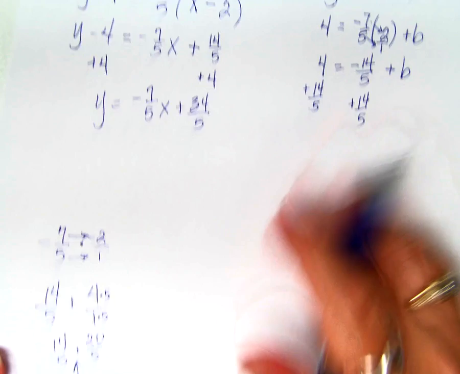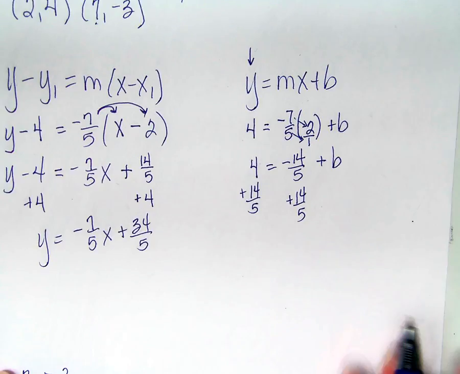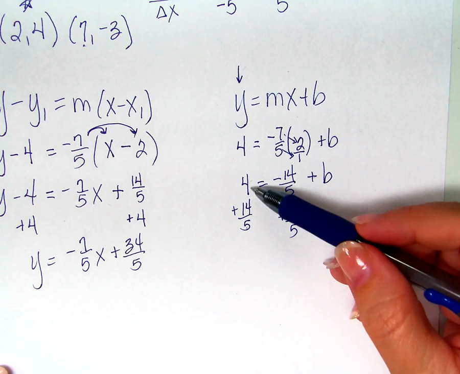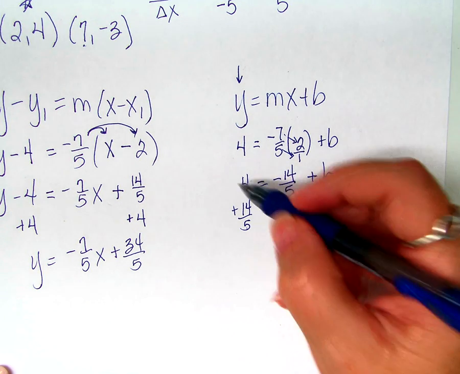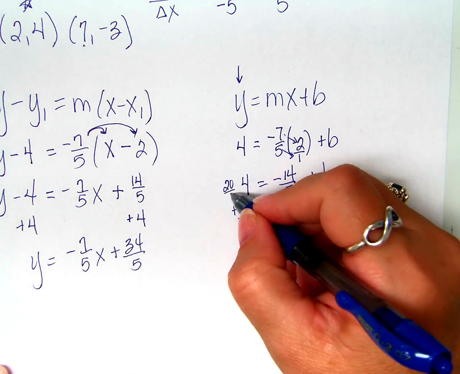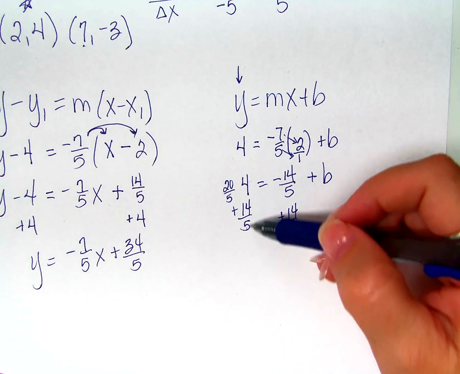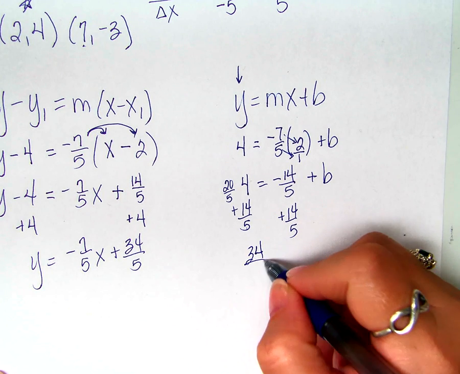Do I have to do this mess that I did down here if I can think of it in my head? Okay, so I can think of it, has to have a common denominator of 5. Well, what divided by 5 is 4? 20. Can't I say 20/5? Isn't that 4? So what's 20/5 plus 14/5? Oh my gosh, that seems so familiar.